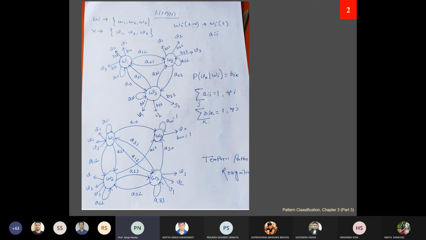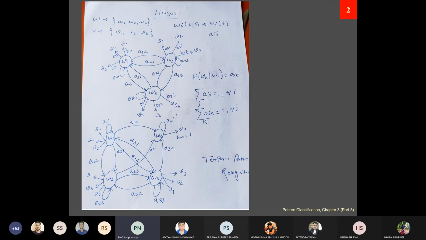That is Bjk. Bjk is the observation or emission probability for which state Wj will generate the observation Vk. That's why it is written probability of Vk given Wj, because you have to compute this probability of generating the output symbol given the state.